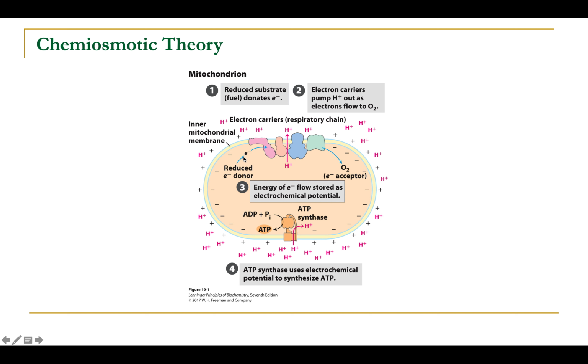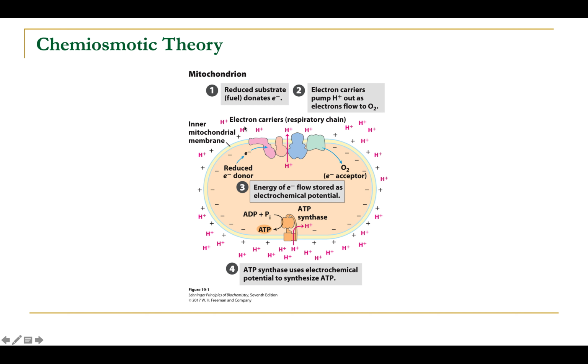So the energy released by transferring these highly energetic electrons to oxygen is used to power the proton pumps that the complexes of the mitochondrial electron transport chain represent, and the protons are pumped from the mitochondrial matrix to the outside.